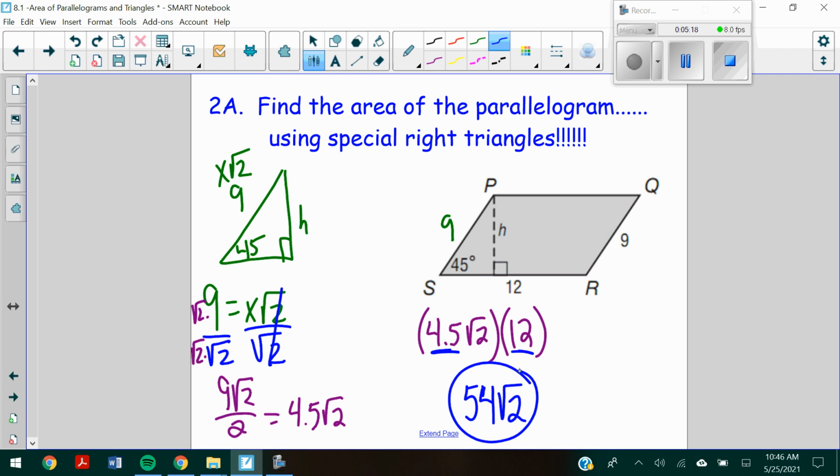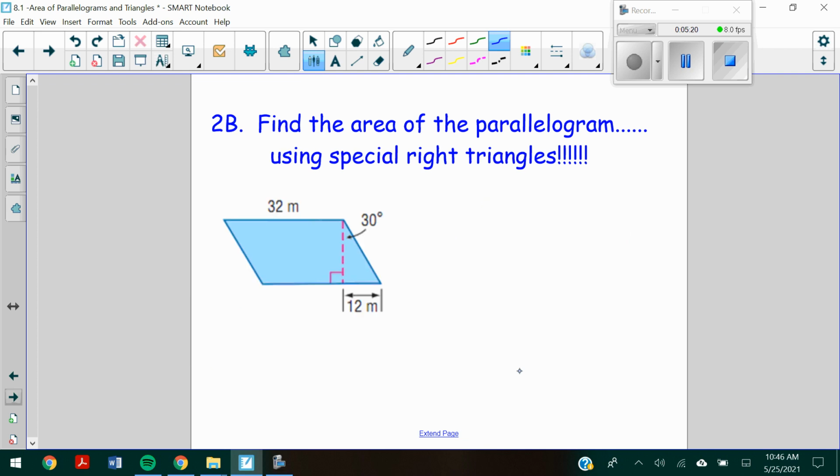All right. Then we have this one. Ooh, this one's a 30, 60, 90 triangle. But the really nice thing with this one is that we are given our short leg. So to find our long leg, that is my short leg times the square root of 3. So my height is going to be 12 square root of 3.